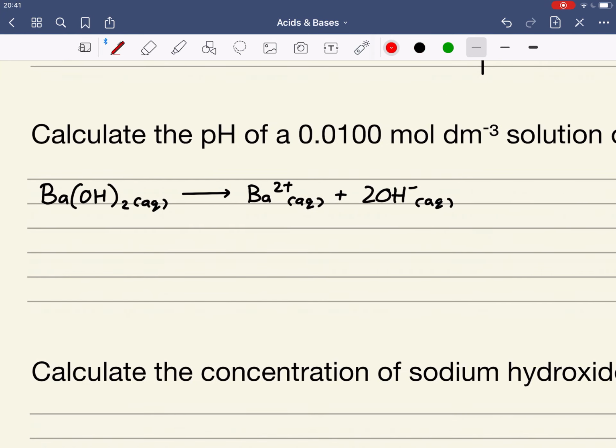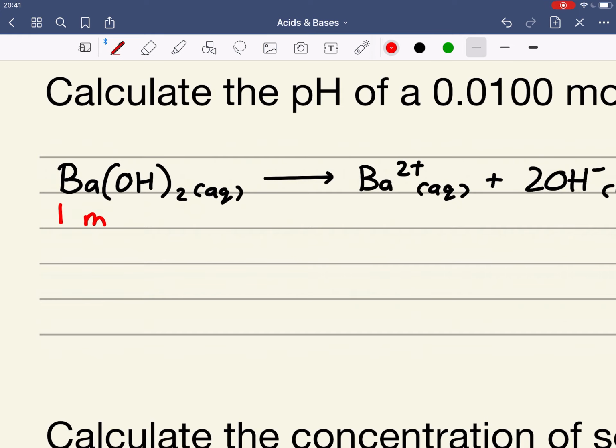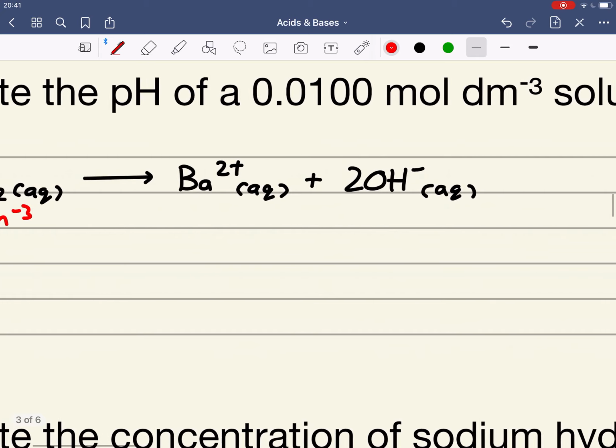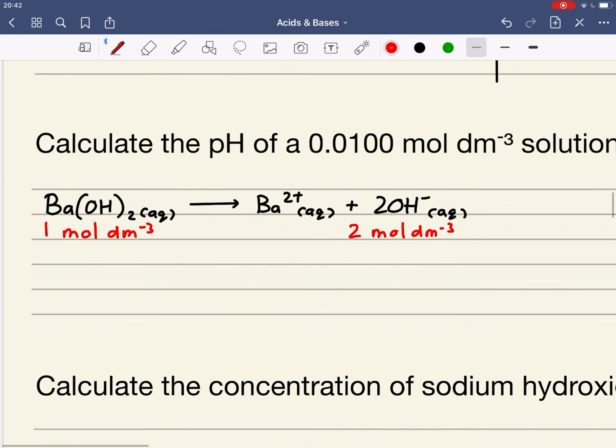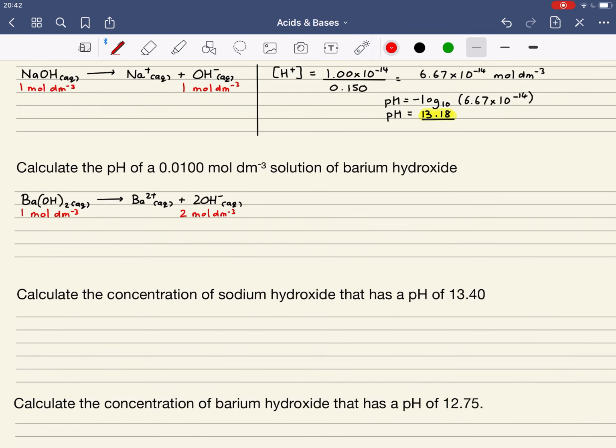So if I've got a 1 mole per decimeter solution of barium hydroxide, I'll actually have 2 moles per decimetre of hydroxide ions. So if I've got then a 0.01 mole per decimetre solution of barium hydroxide, I'll actually have 2 times this number for my moles per decimetre, my concentration of hydroxide ions.